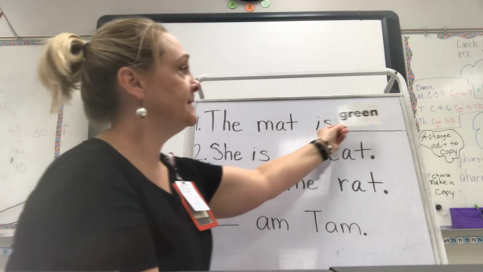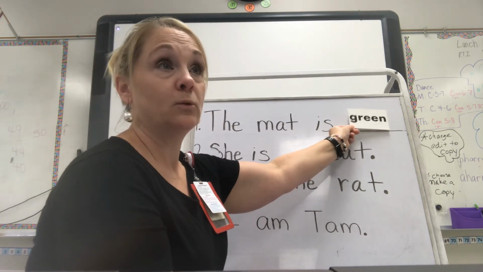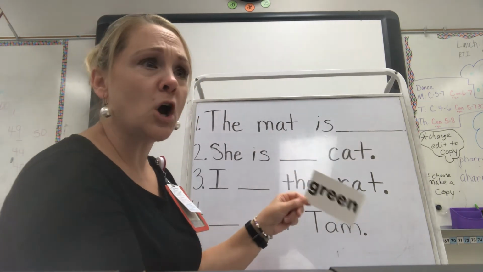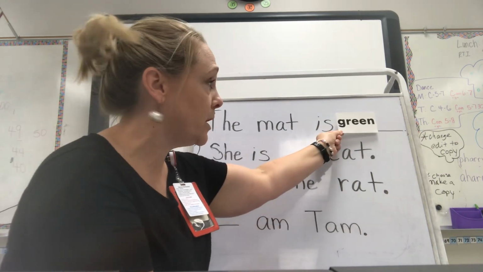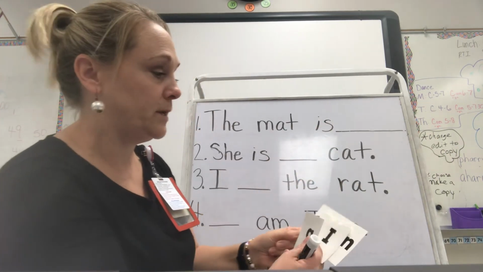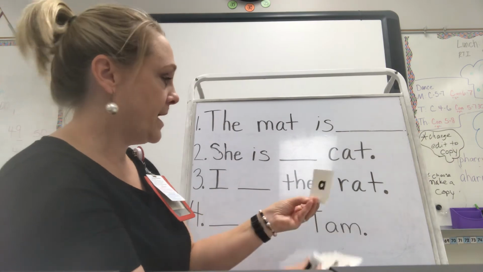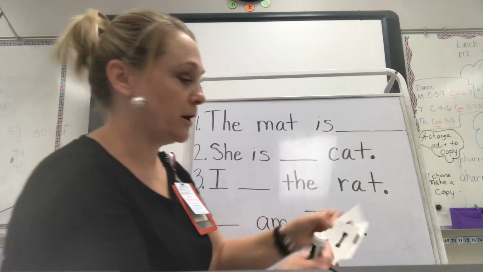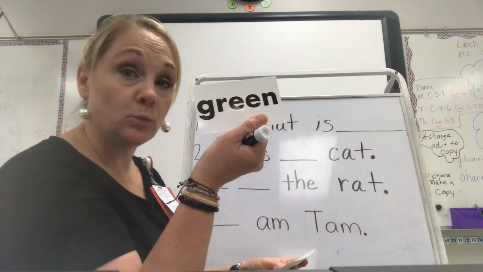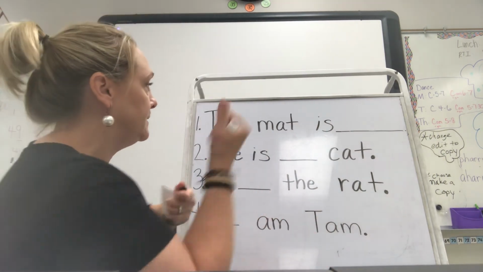The mat is green. We read about a dog, and in the story the dog had a green mat, so I think this would be the best word choice, but let's try the last one. The mat is a. No, that is not going to work. So green will work.